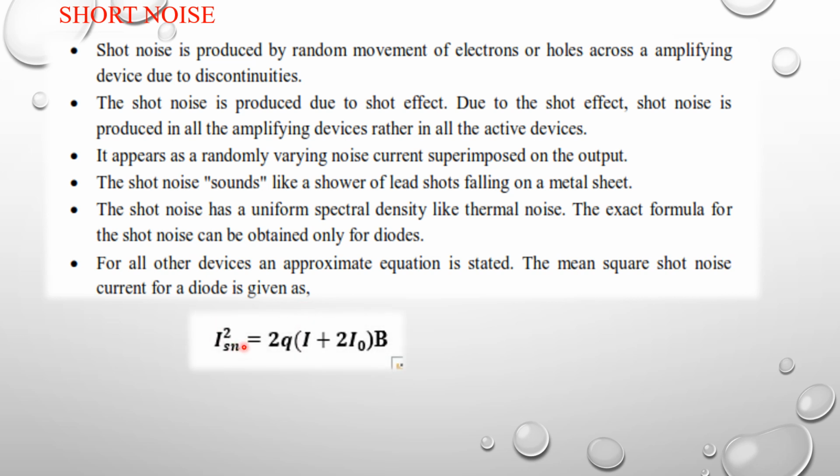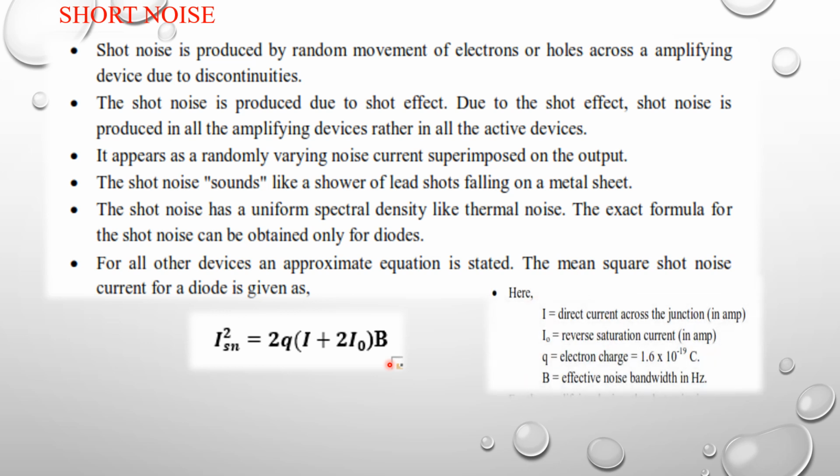I subscript Sn square is equal to 2 into Q into (I plus 2 I naught) into B. Here I is equal to the direct current across the junction. The unit is amps. I naught is the reverse saturation current in amps. So I naught is the reverse saturation current and I is the direct current across the junction.